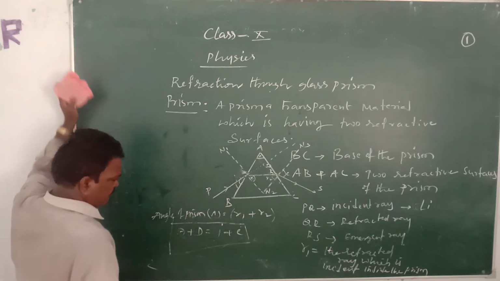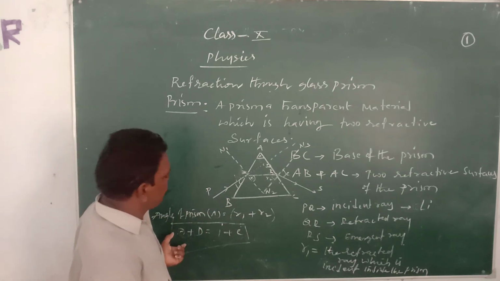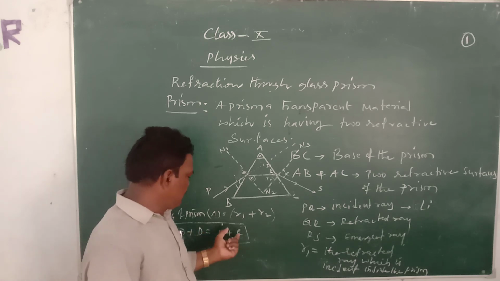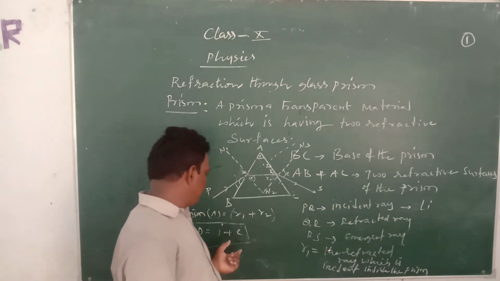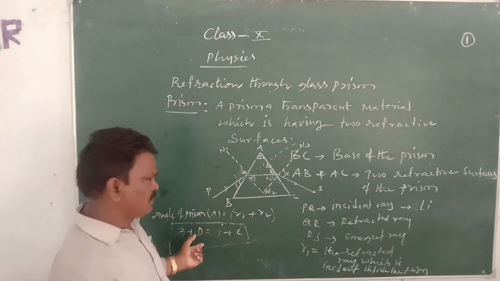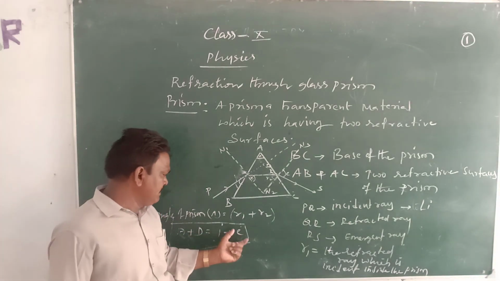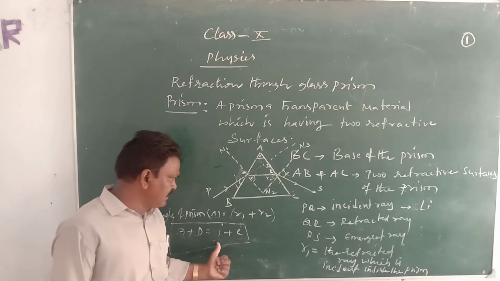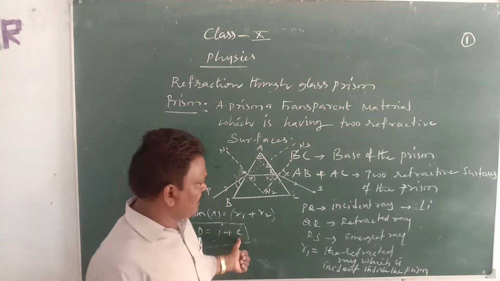And the relation between the angle of prism, deviation, angle of incidence, and angle of emergence is A plus D is equal to I plus E.